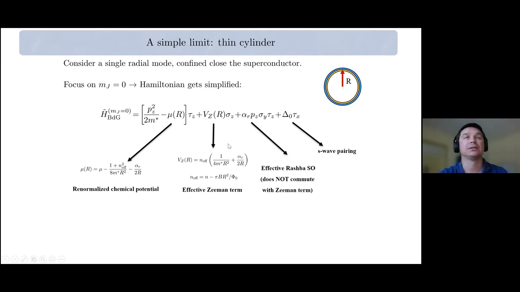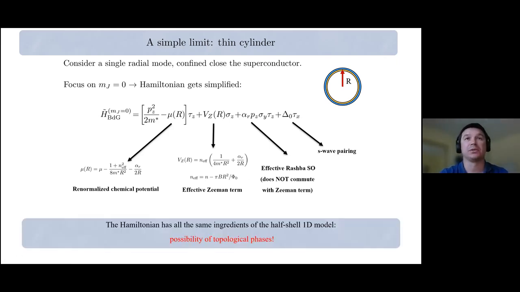So they are just related in a different way to the physical parameters of the wire. But because it's the same universality class, we can immediately say that yes, this model supports topological phases, and it has the same transition, class D, and so on and so forth.